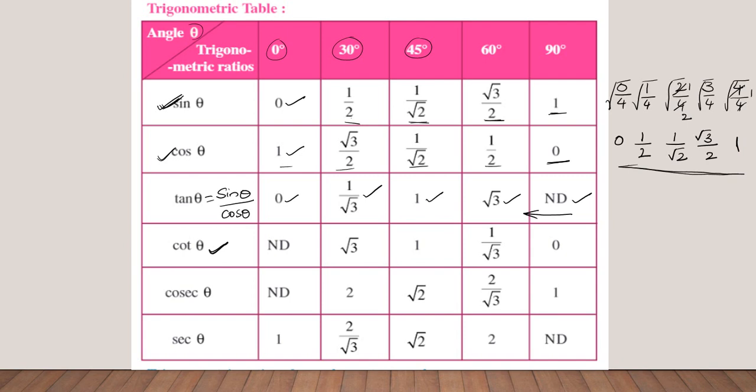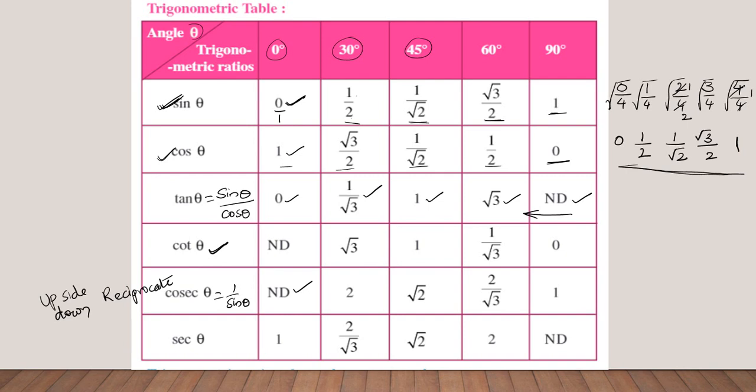Similarly, cosecant theta means 1 by sin theta, so we simply reciprocate these values. Reciprocating means writing upside down. We have 0 by 1 here; making it upside down, 1 by 0 is not defined.